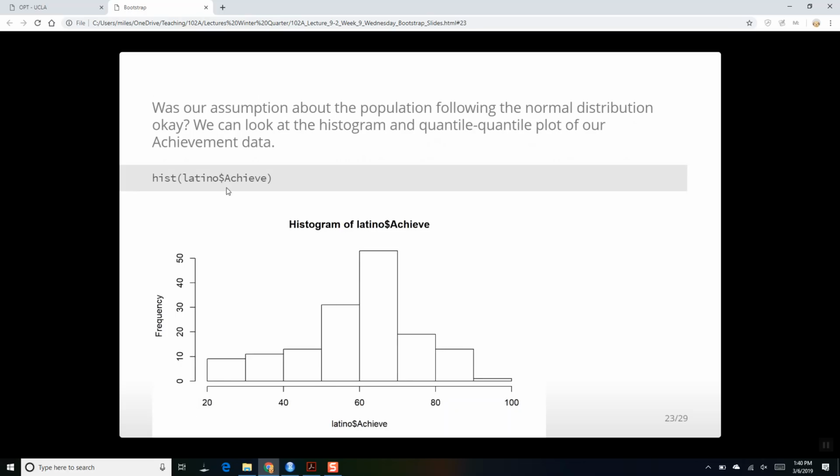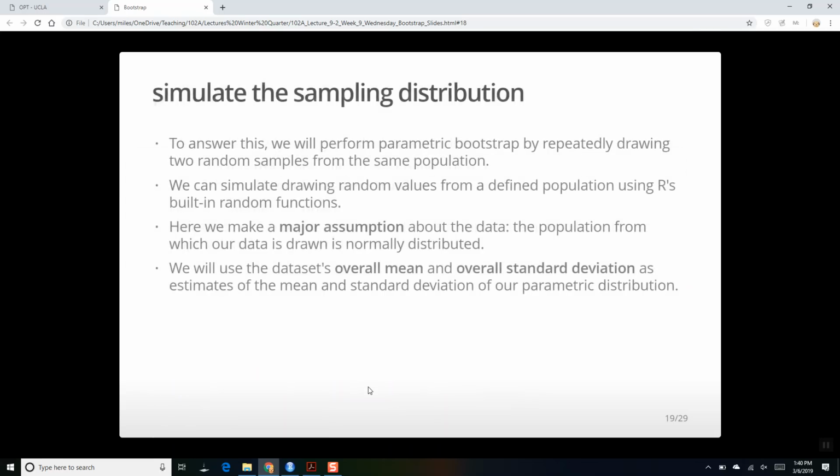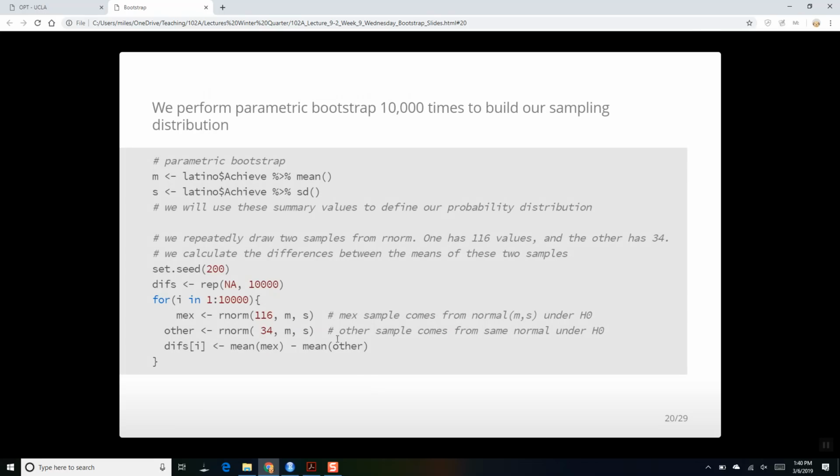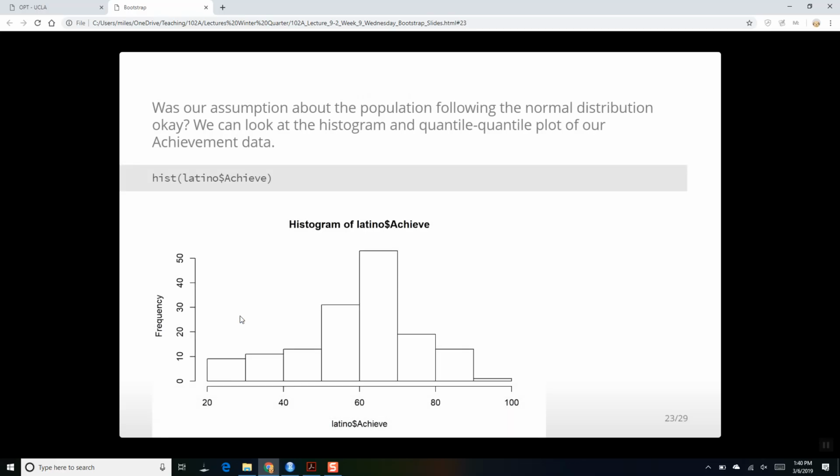We can take a look at this, and this is the distribution of achievement levels that we observed. Remember, our big assumption back here was that our population is normal. If you look at this and ask whether it could have come from a normal population, maybe, maybe not.